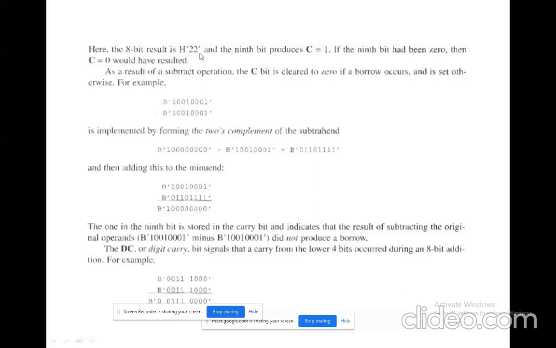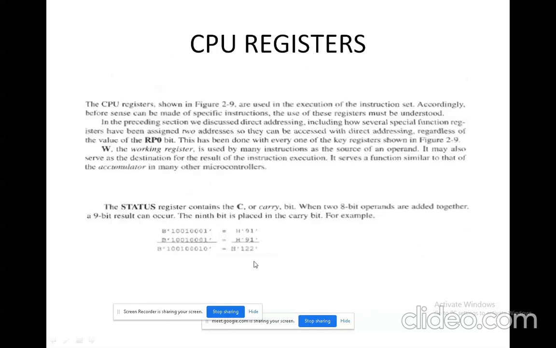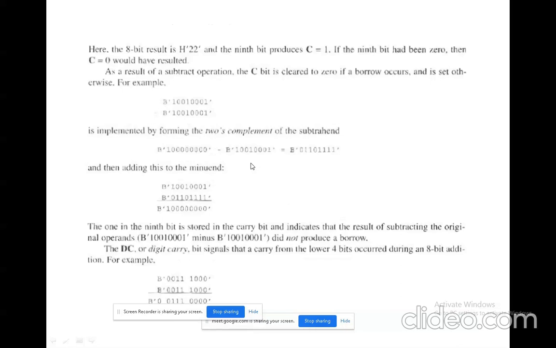The 8-bit result is 2 2 and the ninth bit produces carry bit 1. Okay, they have given this one, carry bit 1. If the ninth bit had been 0, then C equal to 0 would have resulted.